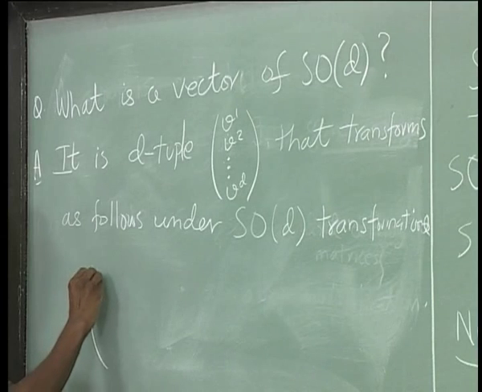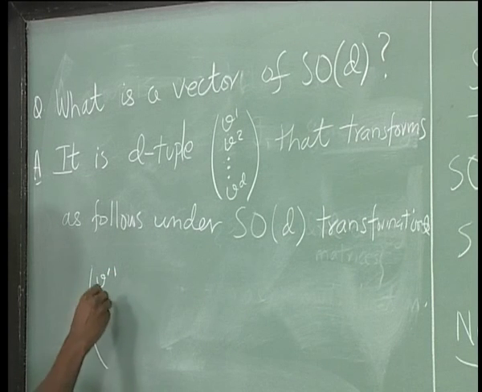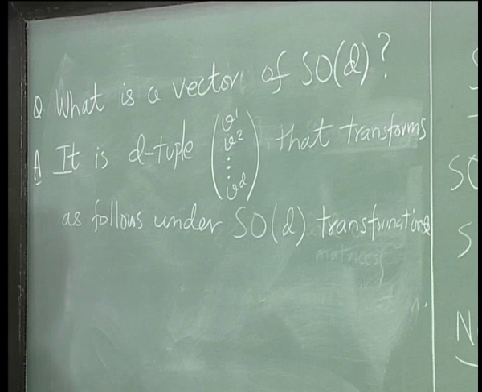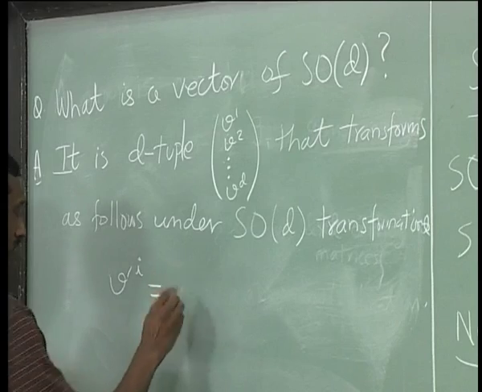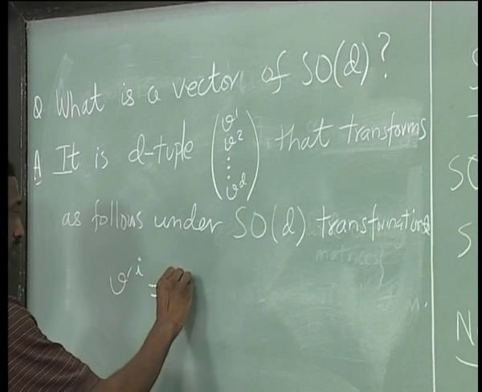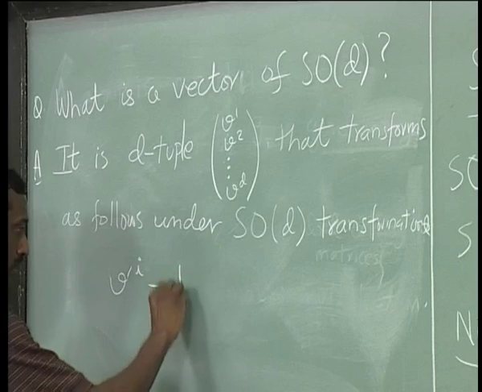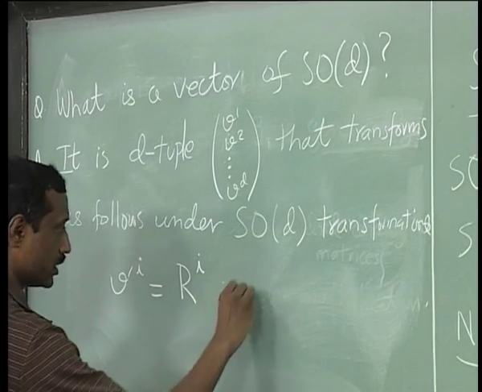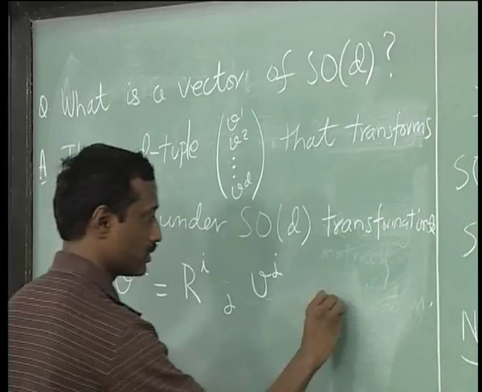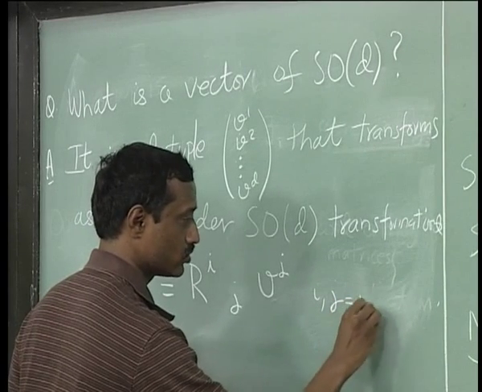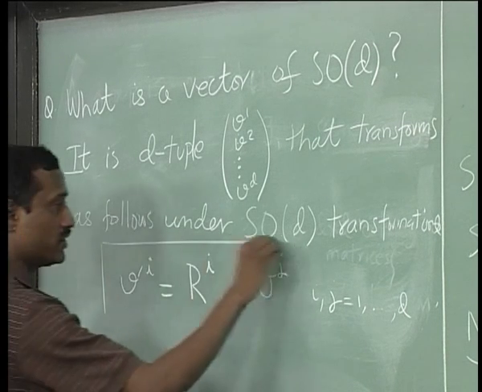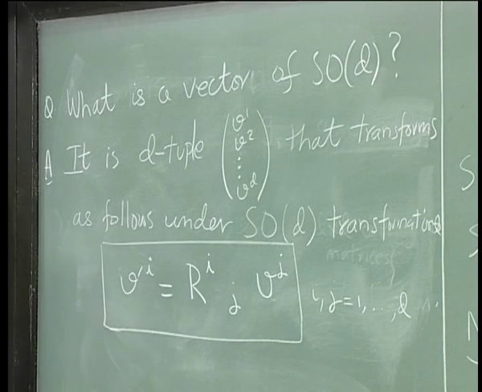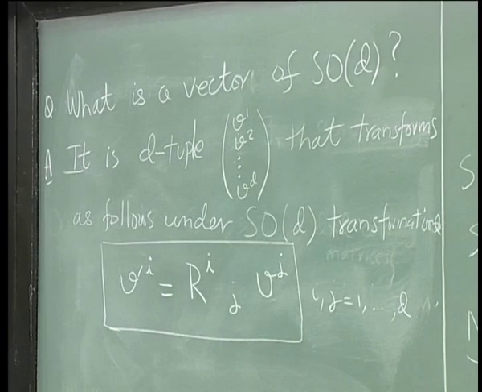So you just write it out, V prime 1, V2. No, I just write it in short. So it would be V prime i equal to, let's use this notation which we used before, R_ij V_j. Of course, i and j run from 1 to d. So this is the definition of an SO(d) vector, and R belongs to SO(d).